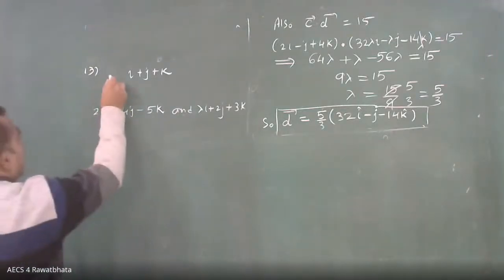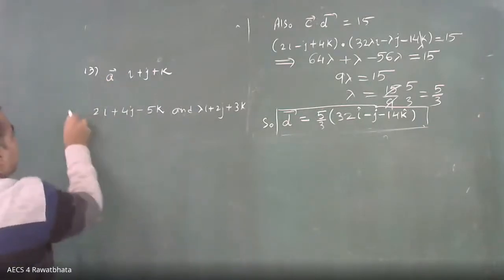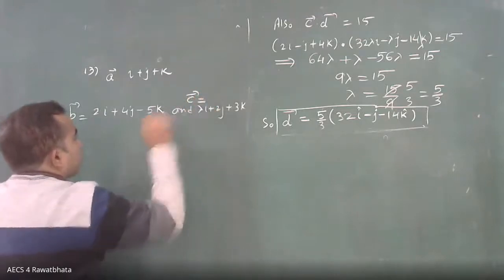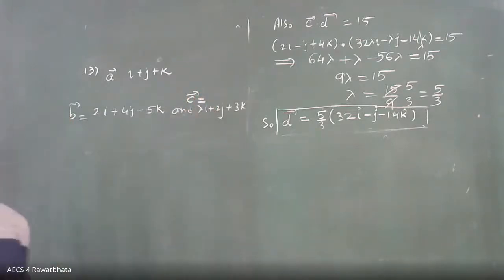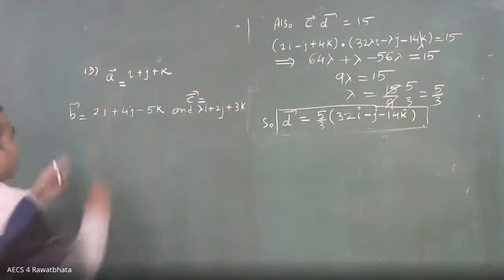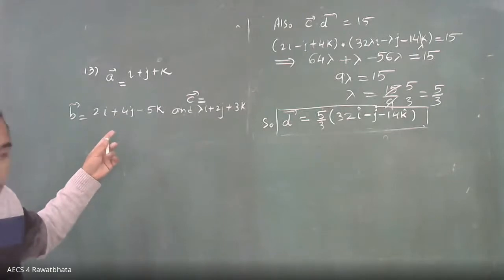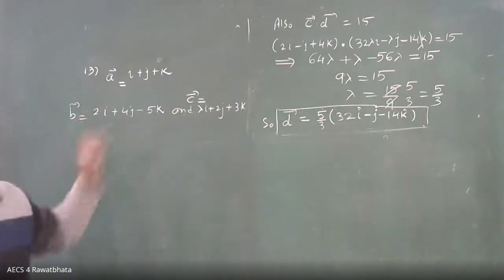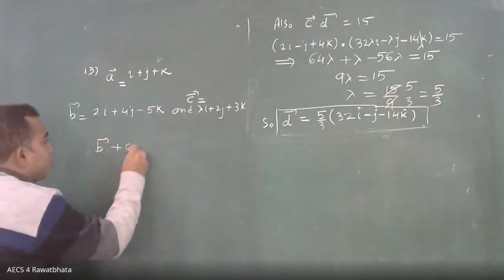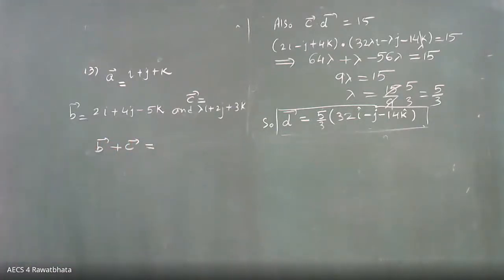Okay. So let us assign the names. Definitely this A vector, this B vector, and this C vector are there. And what is given? If you read the question, the scalar product of A vector with the unit vector along the sum of B and C. So first find B plus C, then let us find a unit vector along the direction of B plus C. Right?